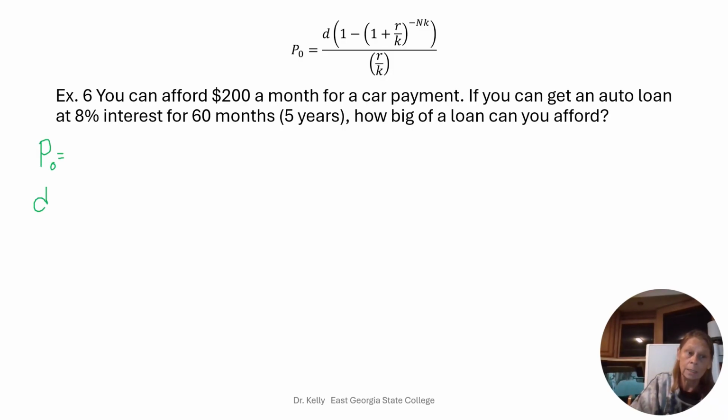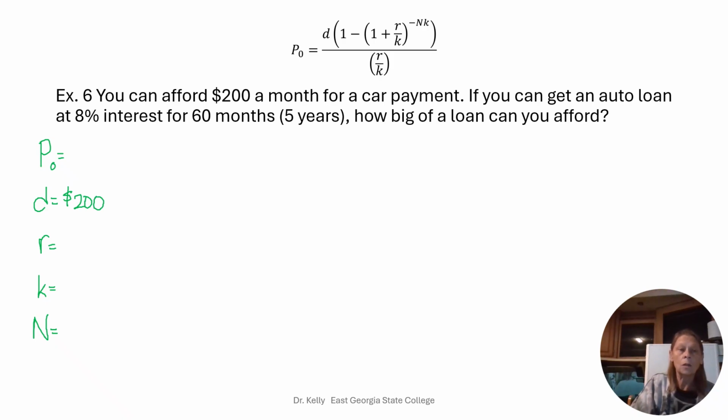We got D. We got R. We got K. We got N. Yep, all of them pretty much the exact same variables except for compound interest. Compound interest has got that P naught and the P sub N in it. That's the big difference.